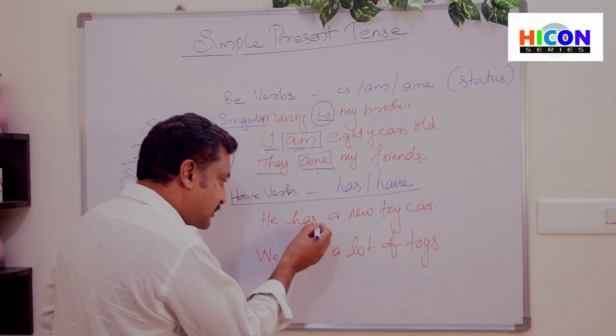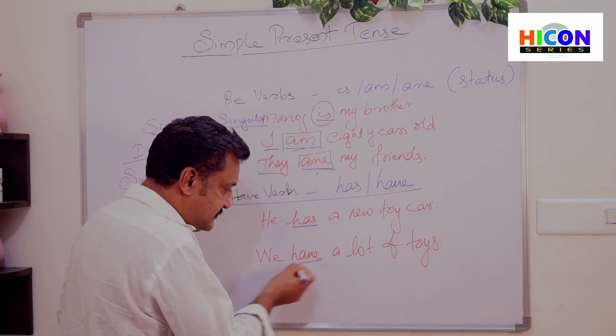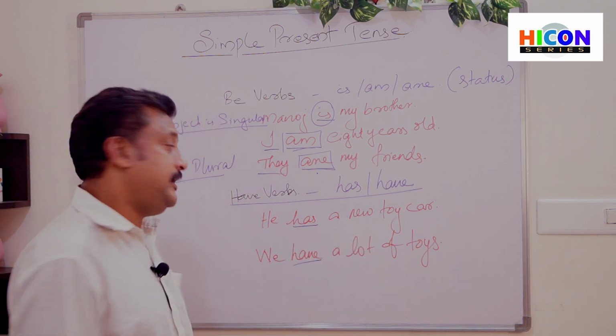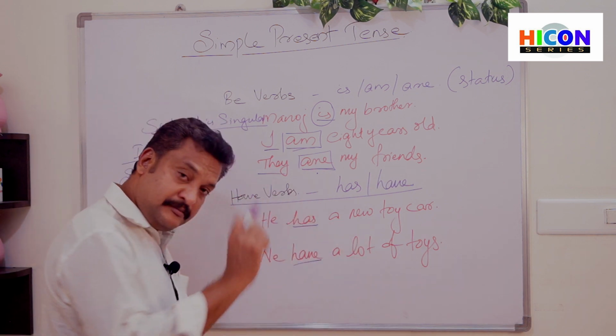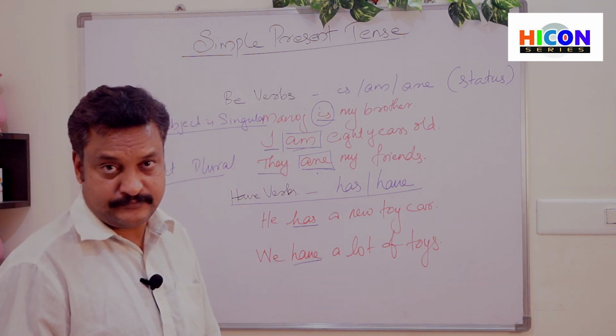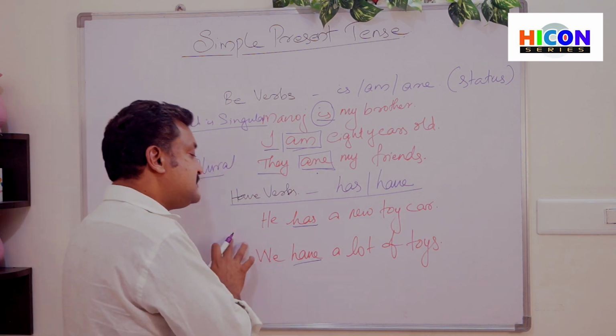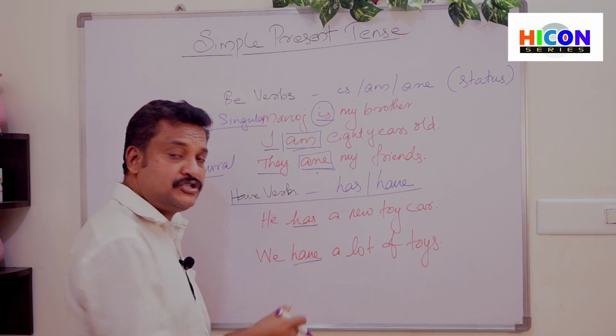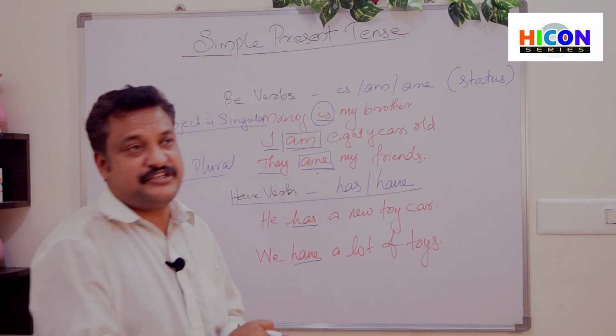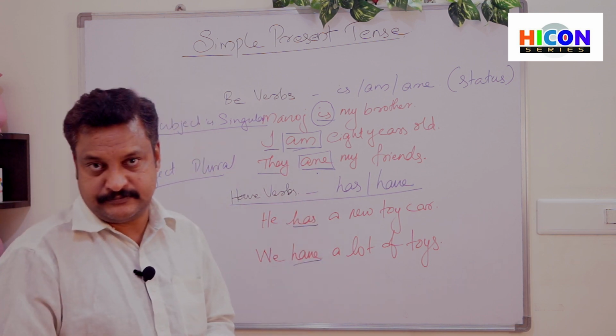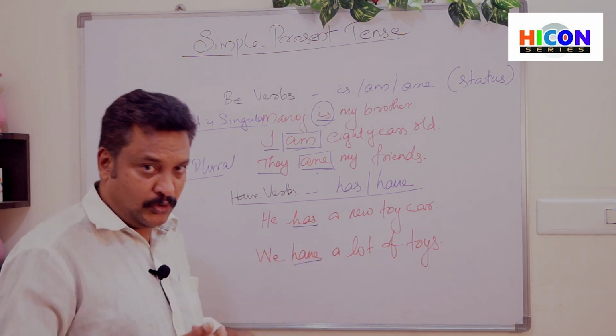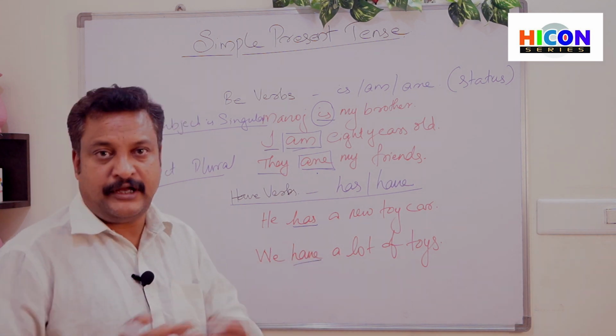So in this, has is a verb, in this, have is a verb. Again, both these are in the simple present tense form. Okay, so has, have here show possession. Possession means what? Ownership. This is my own, this is his, kind of a thing.